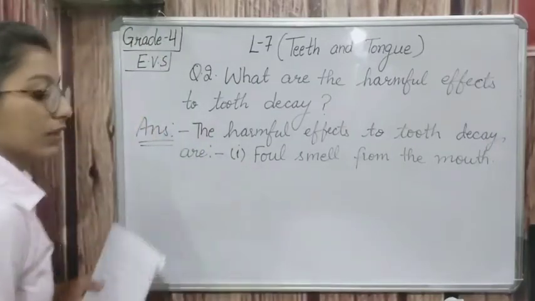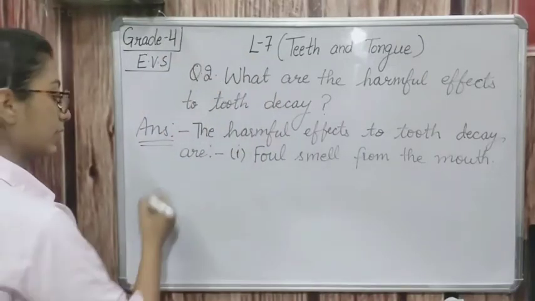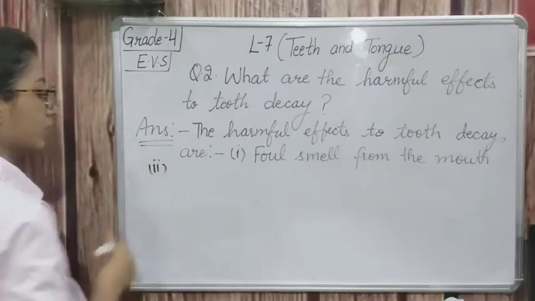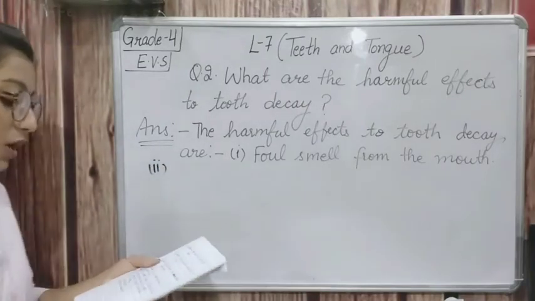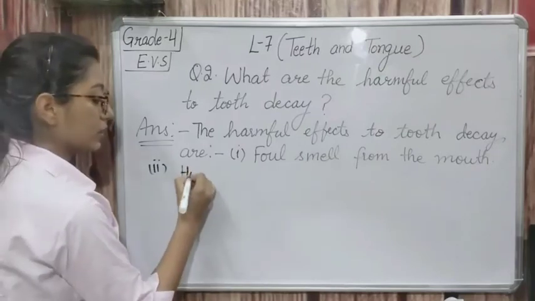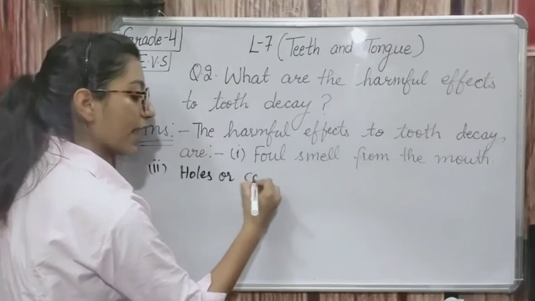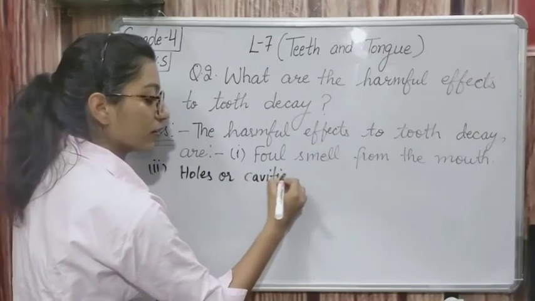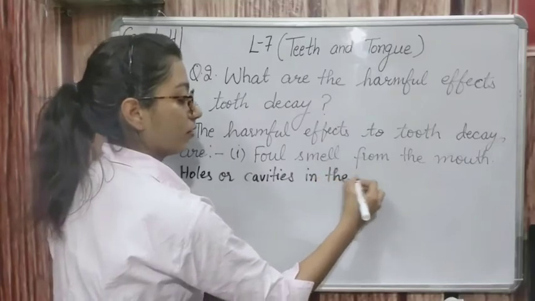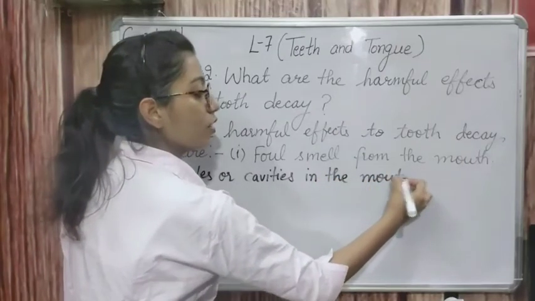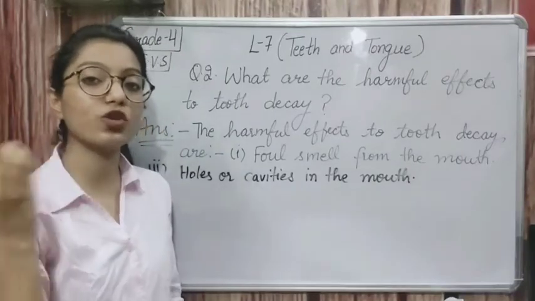Okay. Then after this, second point, foul smell from the mouth, that is first. Then second is holes or cavities in the mouth. Holes or cavities in the mouth. Cavities and holes form inside our teeth.